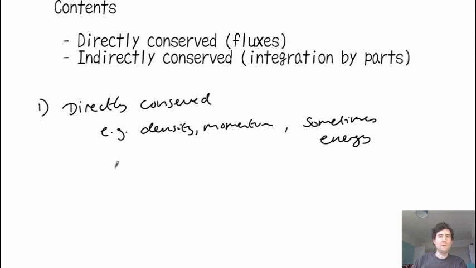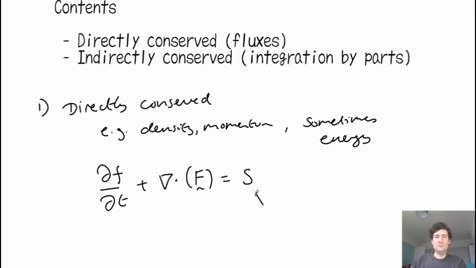So if we can write our equation in the form of a conservation law, similar to the density equation, it has a time derivative of some quantity f as the divergence of a flux, called capital F, and a source S. This is some kind of external source. This is a flux, and this is the evolving quantity.